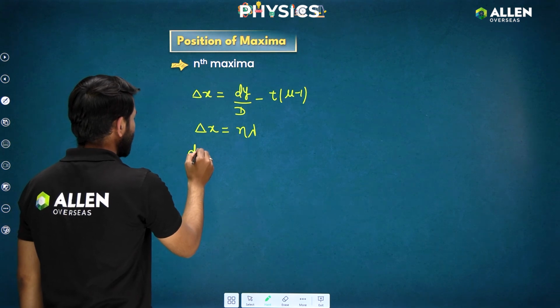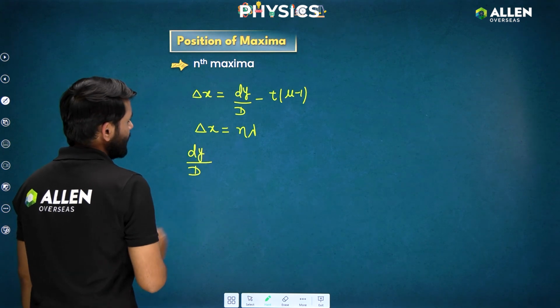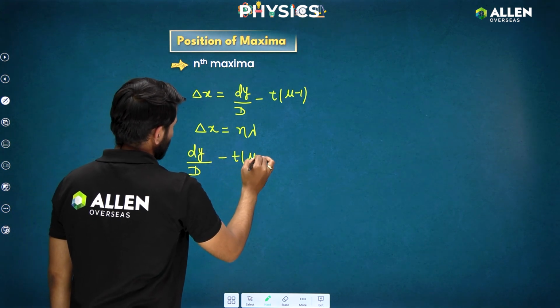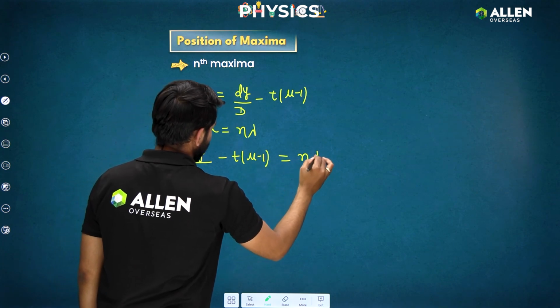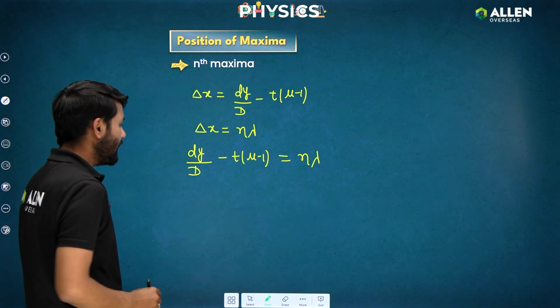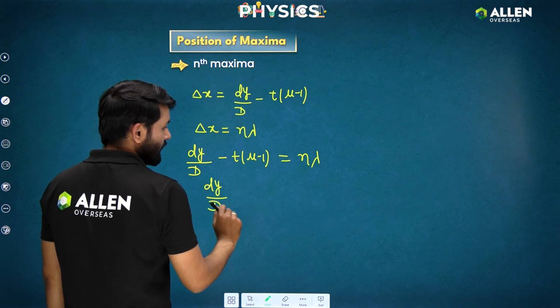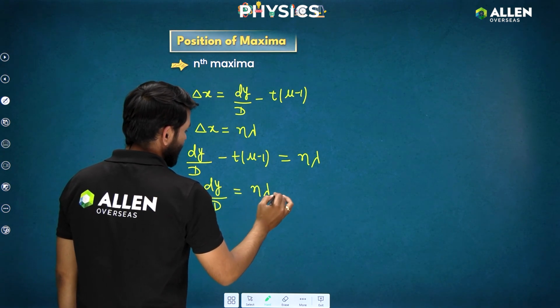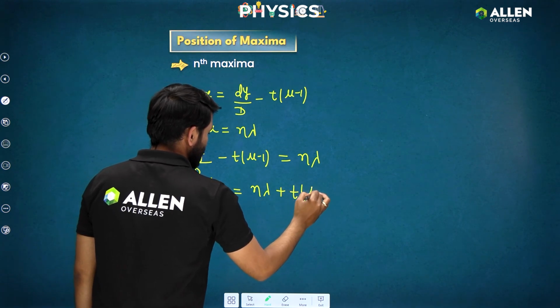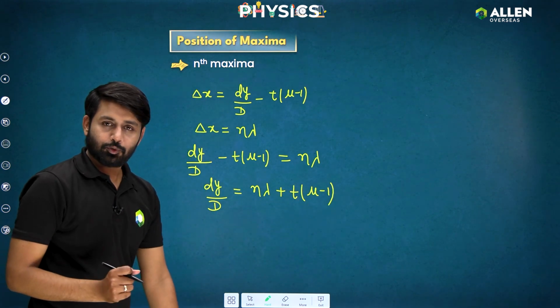So dy upon capital D minus t times (mu minus 1) is equal to n lambda. If you find y, dy upon capital D is equal to n lambda plus t(mu minus 1), right students?